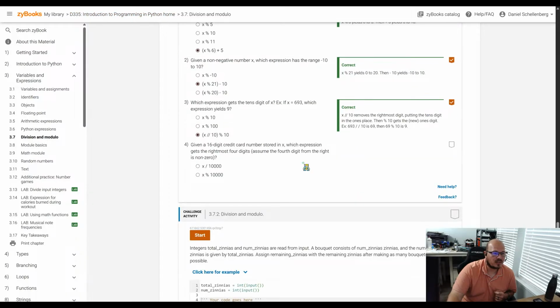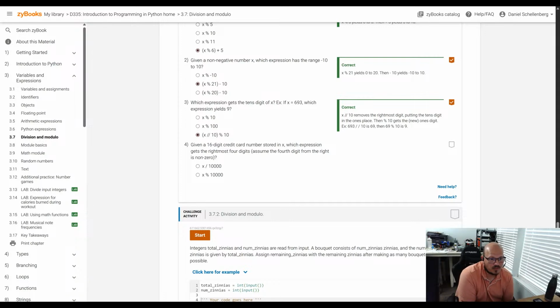So let's try this one here. Given a 16-digit credit card number stored in X, which expression gets the rightmost 4 digits?